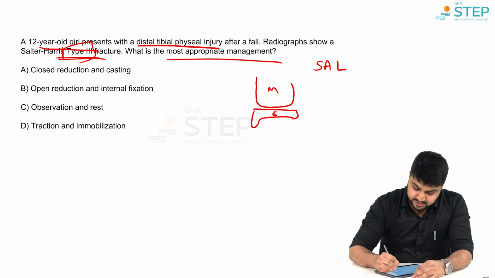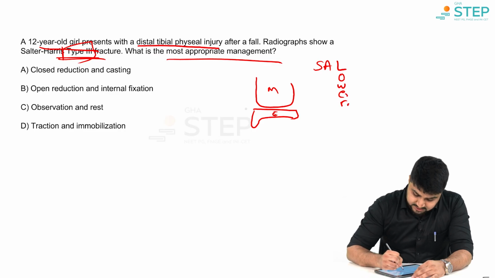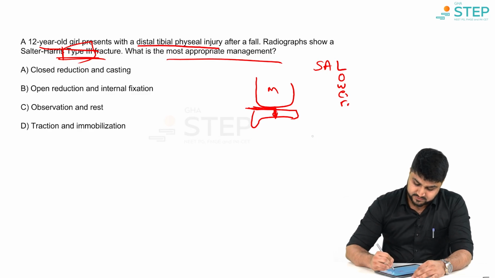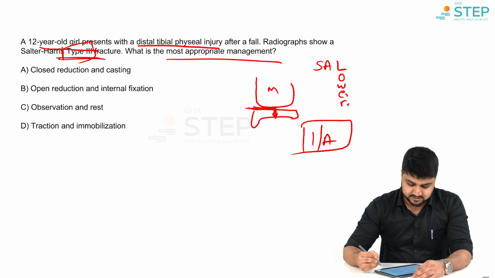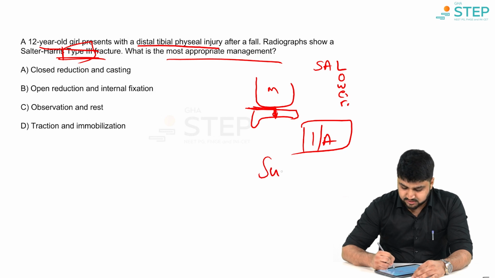So, SALTR, which is lower. The fracture line basically starts along the physeal plate and exits lower into the epiphysis. As we have discussed, this is an example of an intra-articular fracture, and any intra-articular fracture requires surgical intervention.